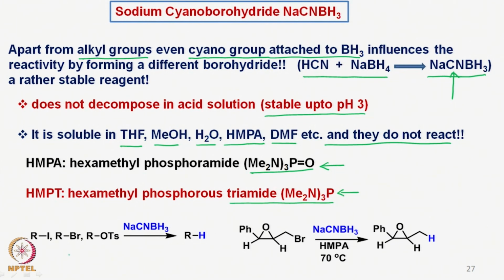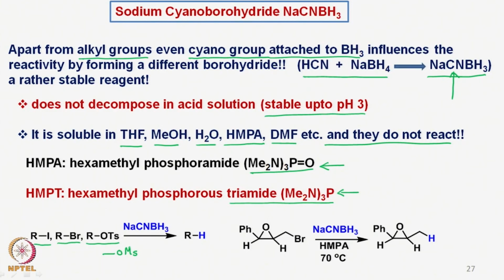That is, if we take a halide such as RI or RBr or R-tosylate, where there is a fairly good leaving group, you have an iodide as a leaving group, bromide as a leaving group, or a tosylate as a leaving group, or even mesylate as a leaving group. So we have para-toluenesulfonyl or this methanesulfonyl.